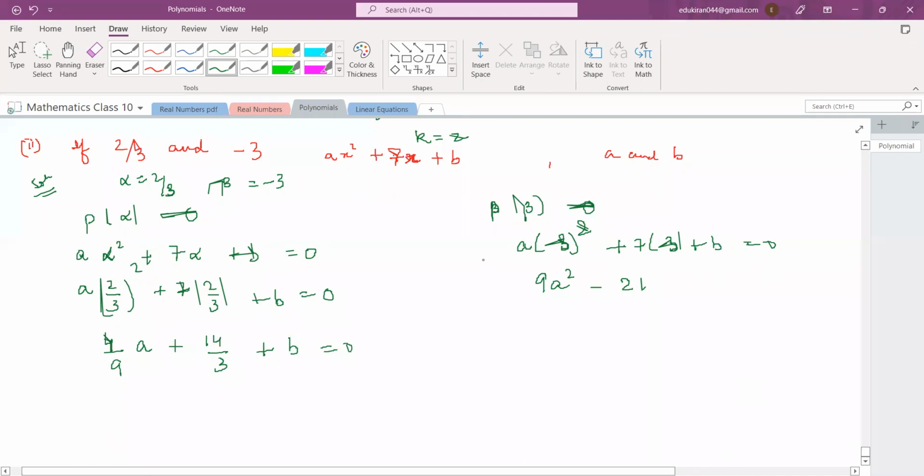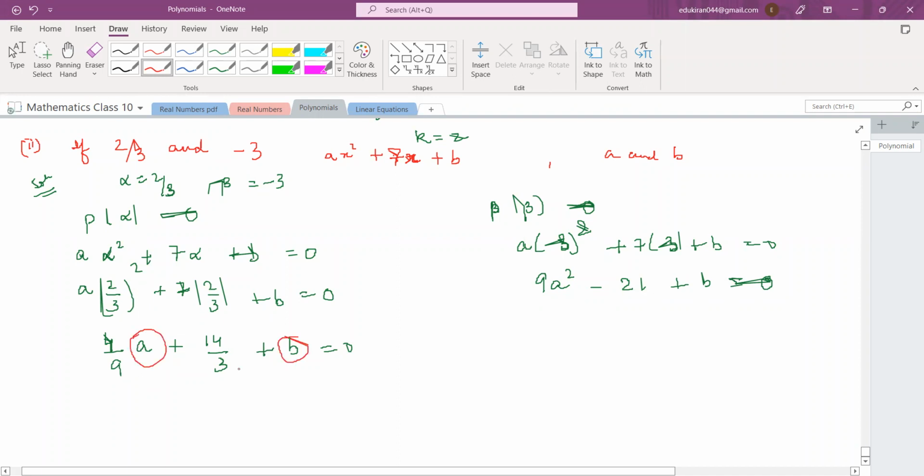Clear? Similarly, from here you will get 9a minus 21 plus b is equal to 0. But you will not be able to solve it further, because so far you have studied a quadratic polynomial in x or in a, that means a single variable. But here in one equation you have a also and you have b also.